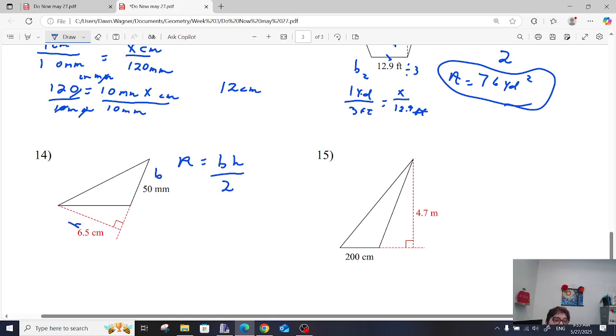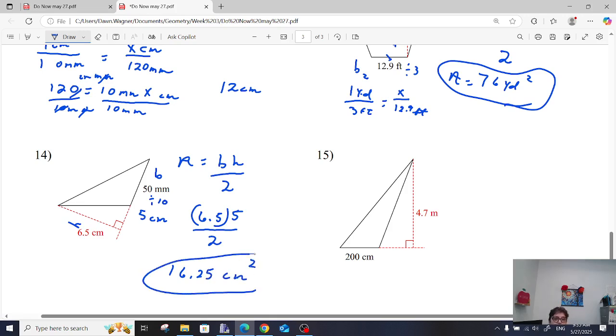You're going to divide by 10 to change this to centimeters. So this would be 5 centimeters. So this would be 6.5 times 5 divided by 2. 16.25 centimeters squared.